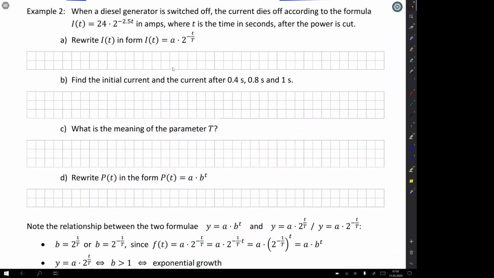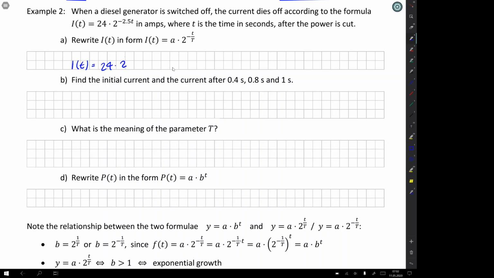In example 2, we look at a diesel generator that is switched off and the current dies off according to this formula here in amperes, where time t is the time in seconds after the power is cut. So start by rewriting this formula in this form, try it on your own, and here comes the result. I of t is then just 24 times the 2, and now we can rewrite that as the minus 2.5.